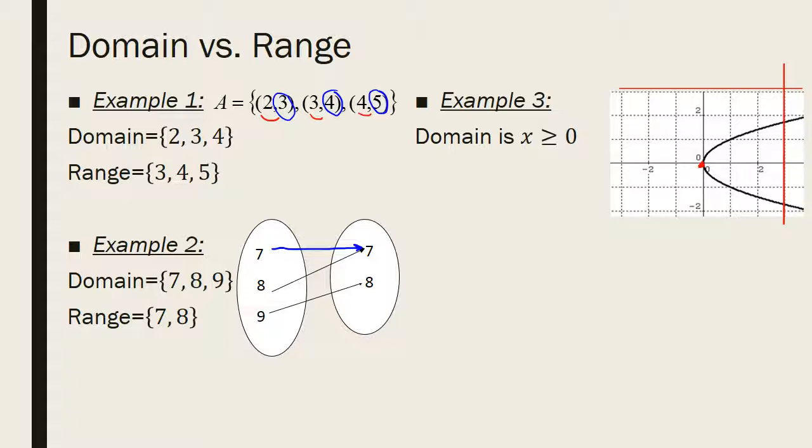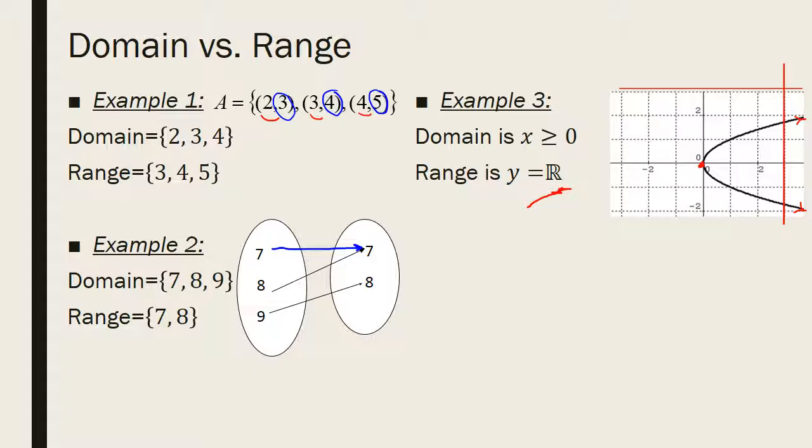That means that the range for this function includes all the real numbers on the y-axis, because as you can see here, the graph doesn't end, which means that I'm going to have to include all the y values on the y-axis. So the range is y equals R, and R represents real numbers.